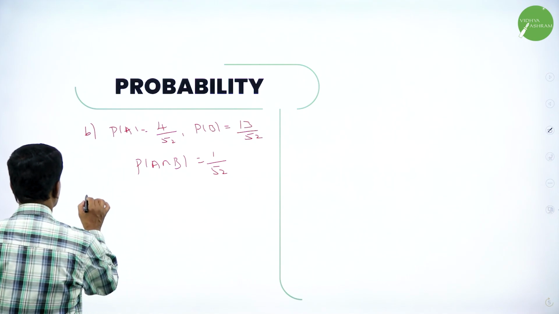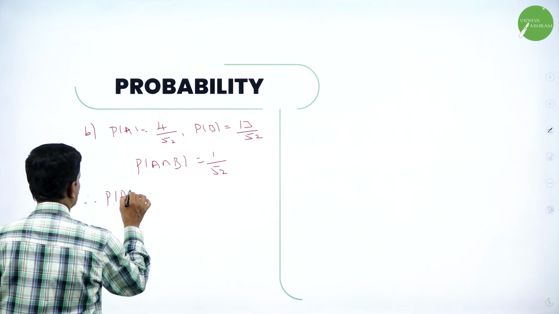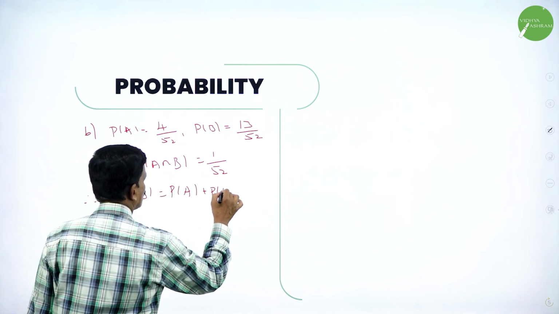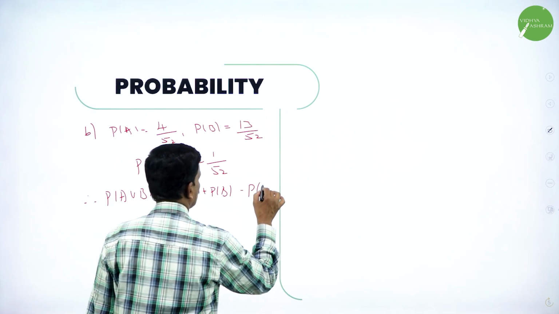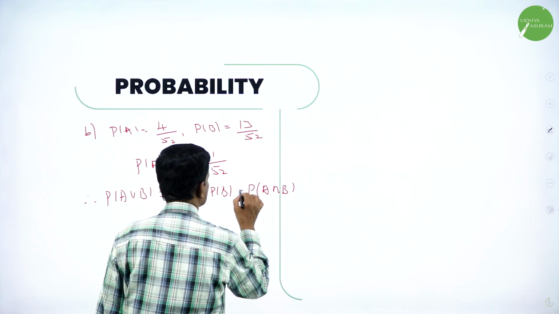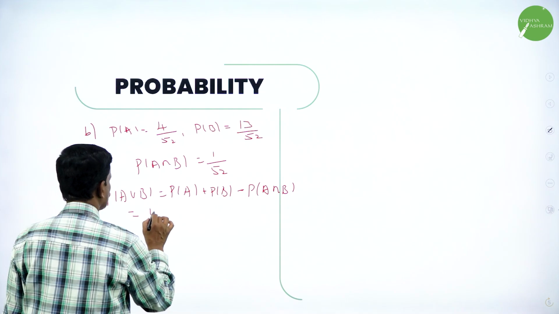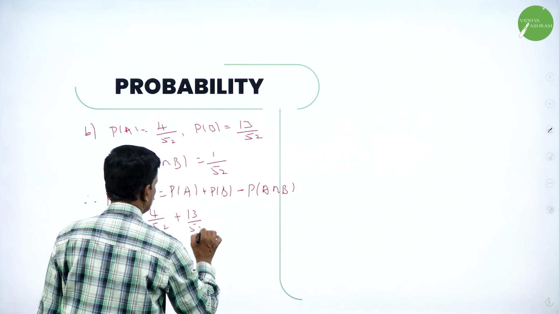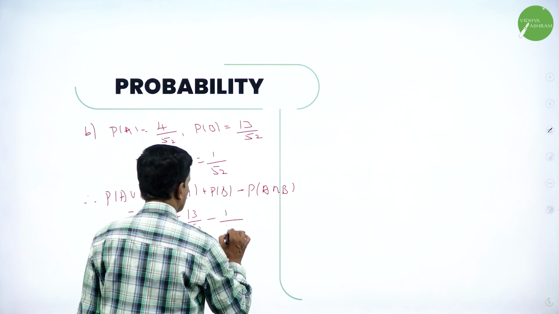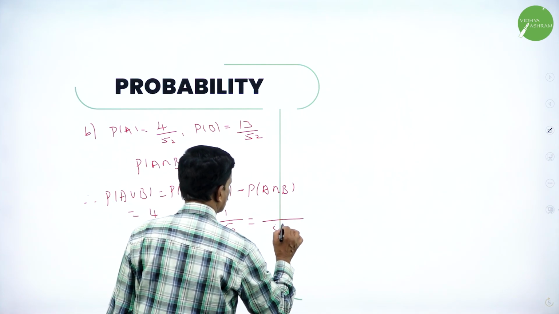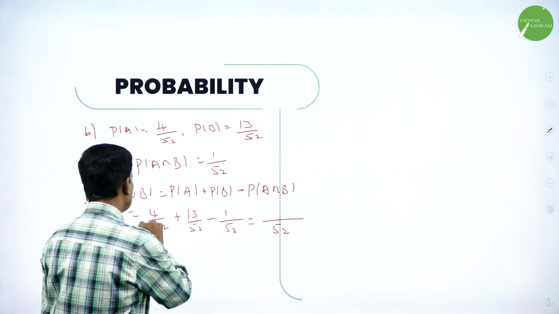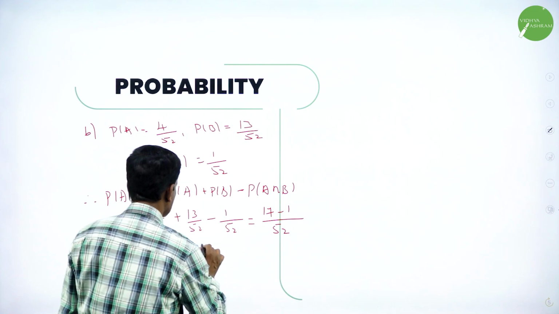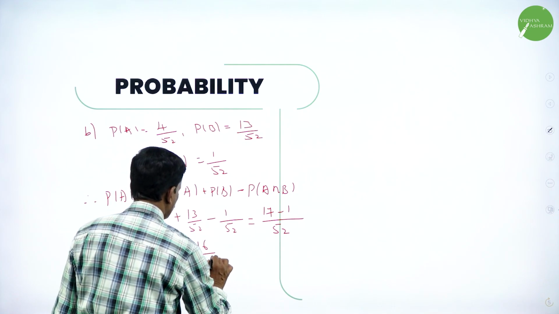So therefore probability of A union B in this case is equal to probability of A plus probability of B minus probability of A intersection B. Probability of A is 4 by 52 plus probability of B is 13 by 52 minus probability of A intersection B is 1 by 52. That's equal to, 52 is the LCM, 13 plus 4 is 17 minus 1. So this is 16 divided by 52.